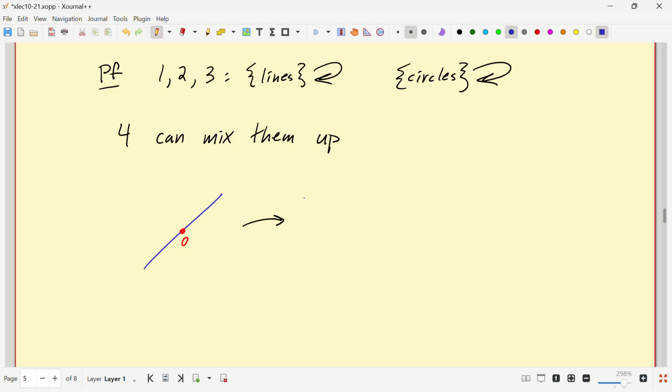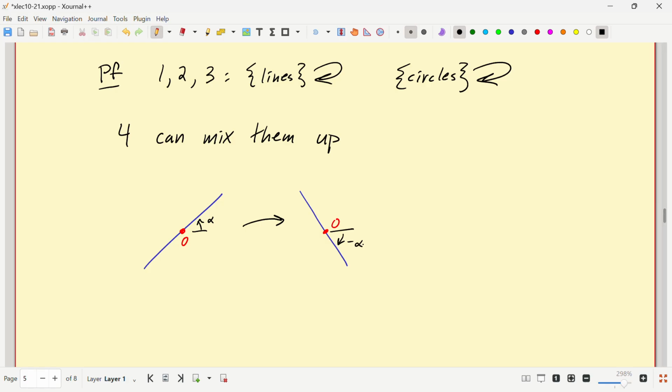And so you can convince yourself that if this angle is an alpha, this angle would be a minus alpha.